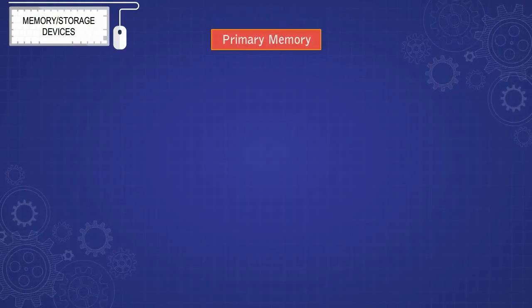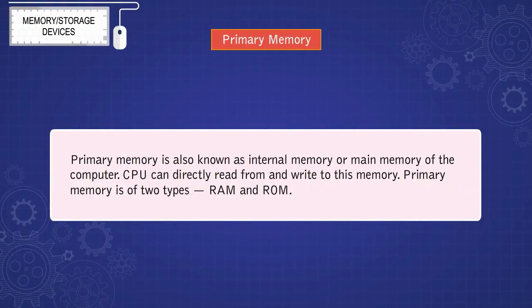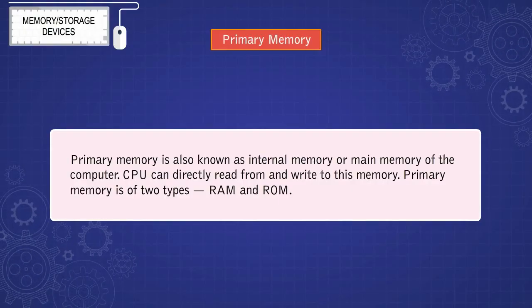Primary memory. Primary memory is also known as internal memory or main memory of the computer. CPU can directly read from and write to this memory. Primary memory is of two types, RAM and ROM.